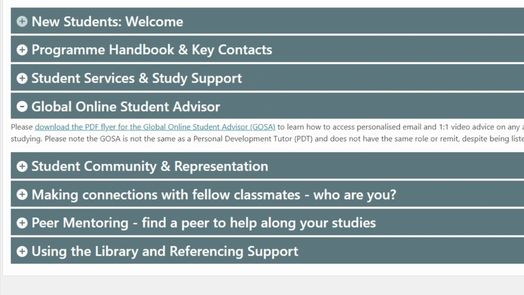When you become an online MBA student at Edinburgh Napier University, you'll get access to our global online student advisor service, from where you can easily find the most important support at the click of a button. For example, you can book a one-to-one online appointment at a time that suits you. This is a very useful feature as it means you can speak to someone who really knows Edinburgh Napier University, and you can get personalized advice that will help you develop in your university life.